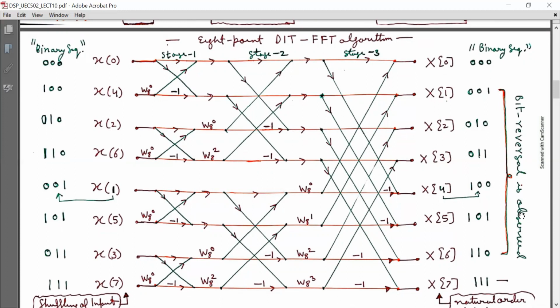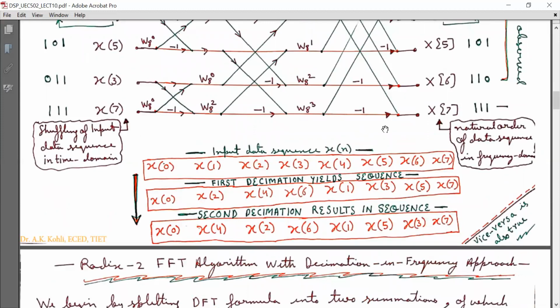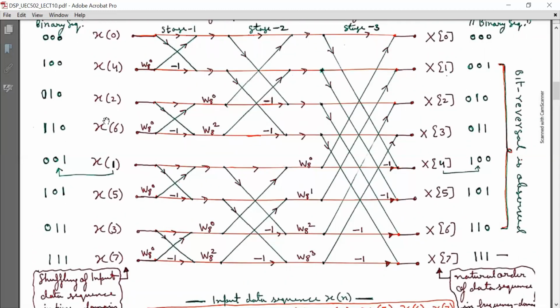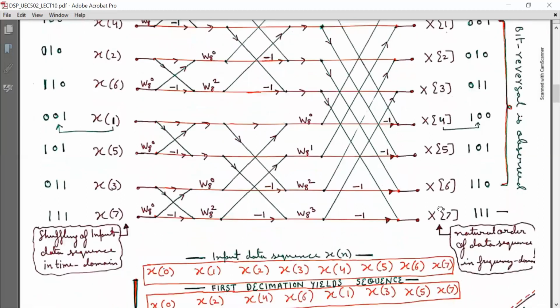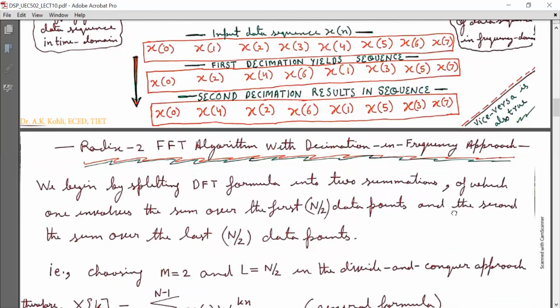Here it is index n, here it is index k, but the bit reversal is appearing. The vice versa is also true. This means that if we make the input in natural order, then the output will be in shuffled order, following a particular pattern.